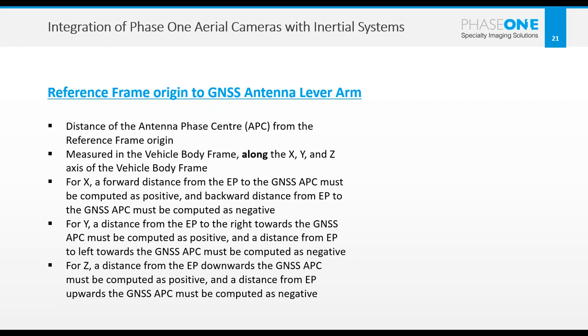So for X, a forward distance from the entrance pupil to the GNSS antenna face center must be computed as positive, and backwards will be negative. For Y, a distance from the entrance pupil to the right means positive, and to the left is computed as negative. For Z, a distance from the entrance pupil downwards must be computed as positive. That's rare, because you will put the antenna up there. So you will most commonly have a distance from the entrance pupil upwards to the GNSS antenna face center as a negative value.